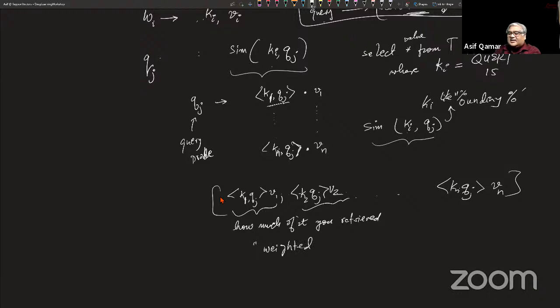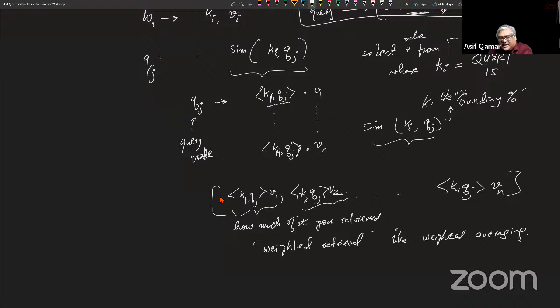In some sense it has the flavor of weighted averaging, except that you're not dividing by a denominator here. In a weighted average, you would divide by the sum total of everything. You're not doing that, but it is that.